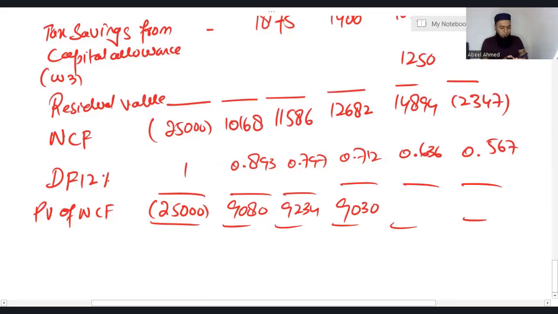With a little bit rounding off is acceptable, no issue at all. 14,894 multiplied by 0.636. I'm getting 9,473. 2347 into 0.567. I'm getting minus 1331.